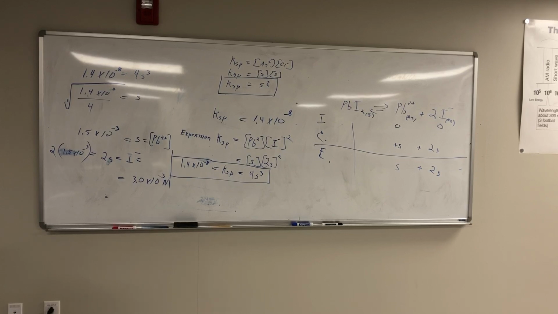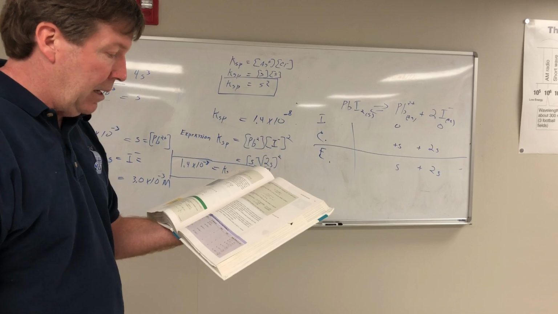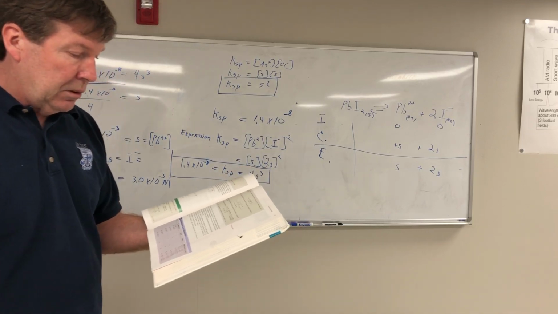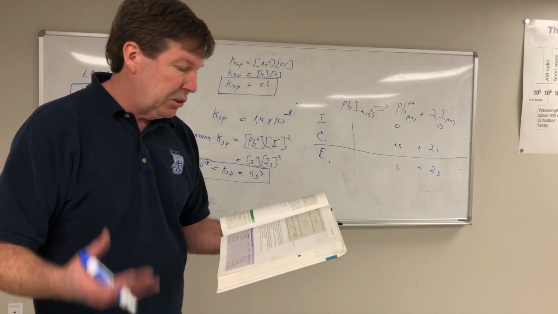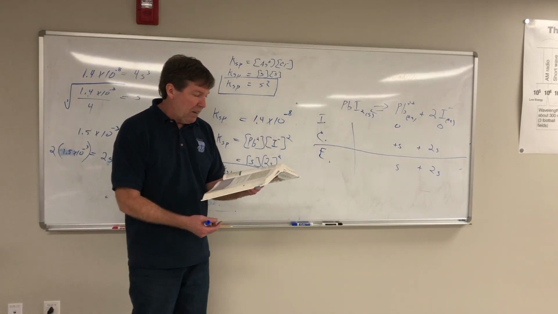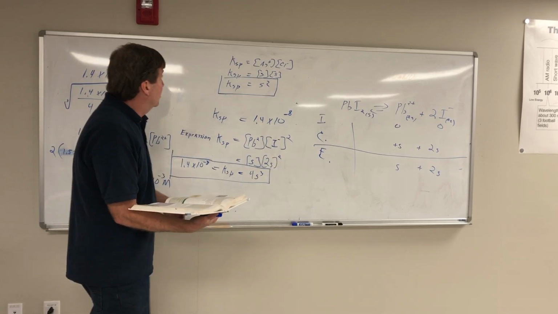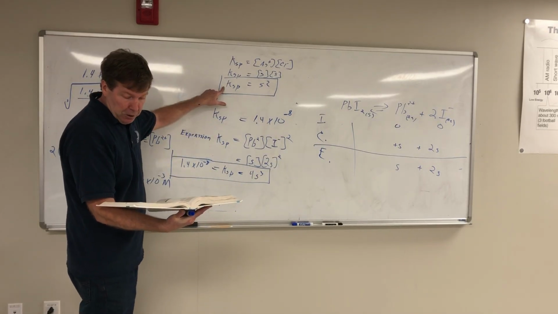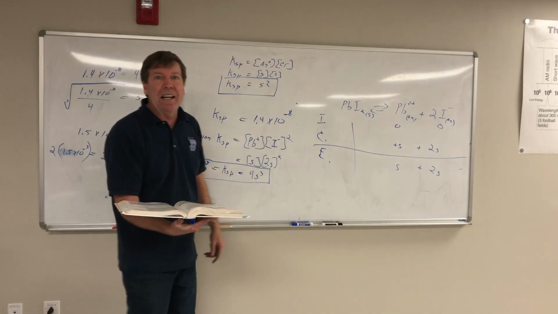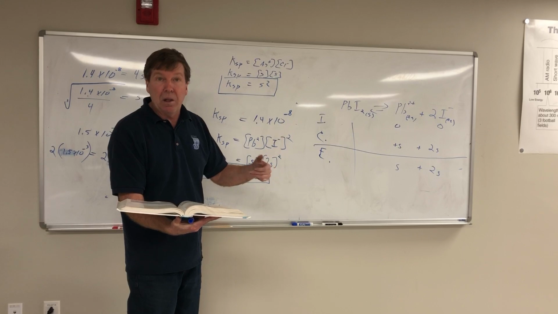In your book, this is page 747 at the bottom. Notice it's table 16.3. We've got silver chloride, KSP equals S squared. Barium sulfate ionizes 1 to 1, so KSP equals S squared.